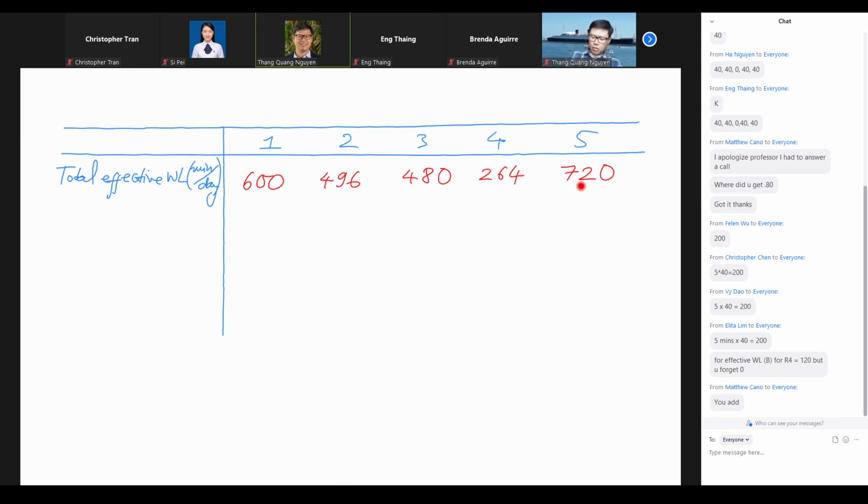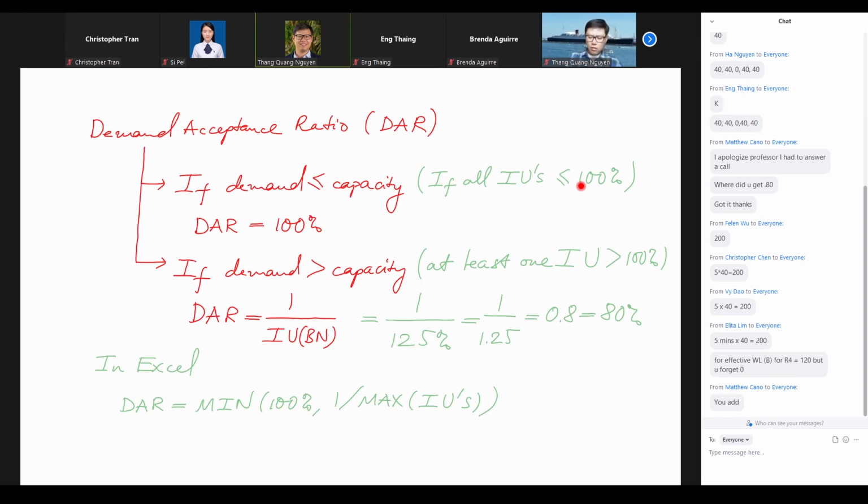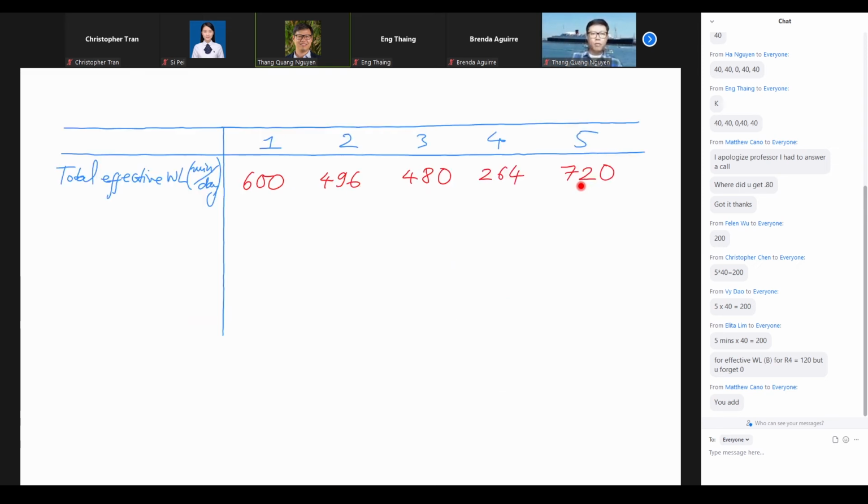So earlier, we called it the DAR. We scaled all the demand down to 80% of the original amount, right? Then definitely the smaller demand should go through the kitchen because it is not as much as before, right?